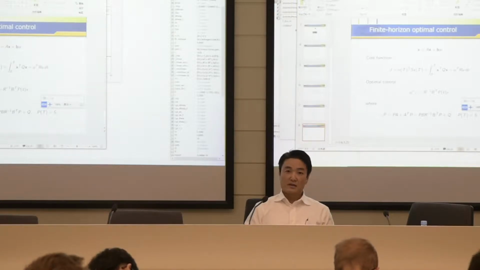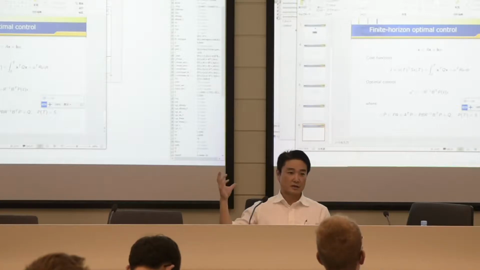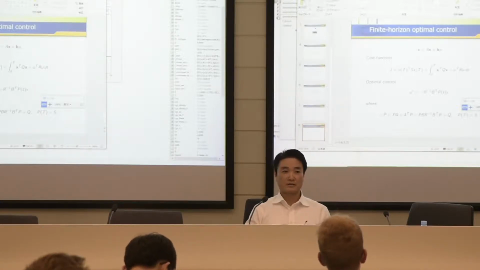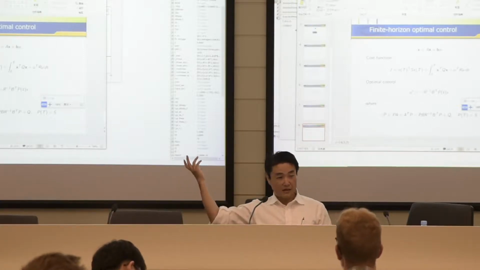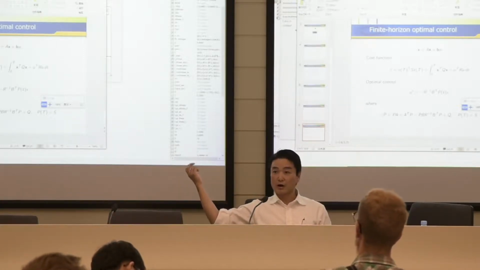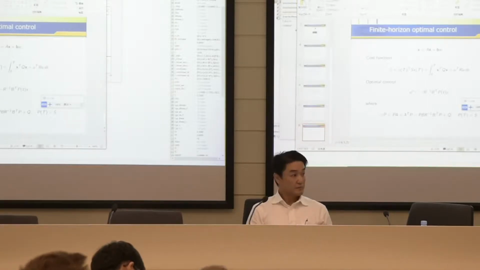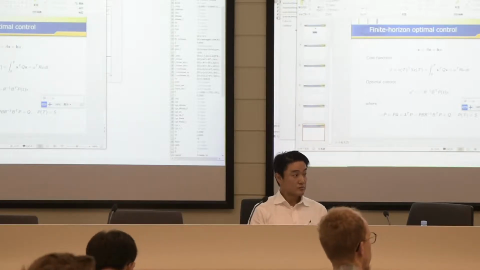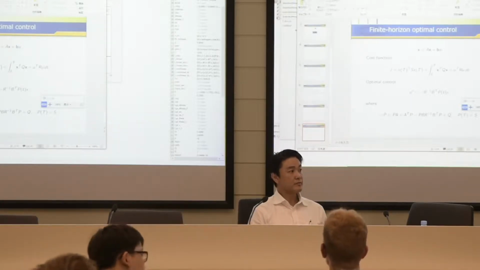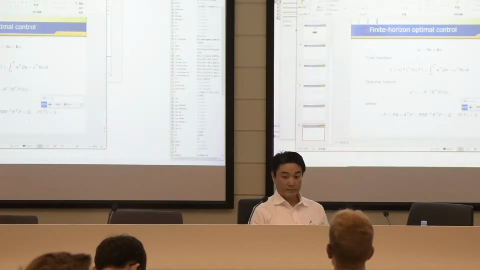Maybe some people have a completely different type of problem, and it's hard to put your problem into this LQ control, LQR. So this way you solve the optimal control problem. How would you address the problem of controllability, where you have to get to a final target?